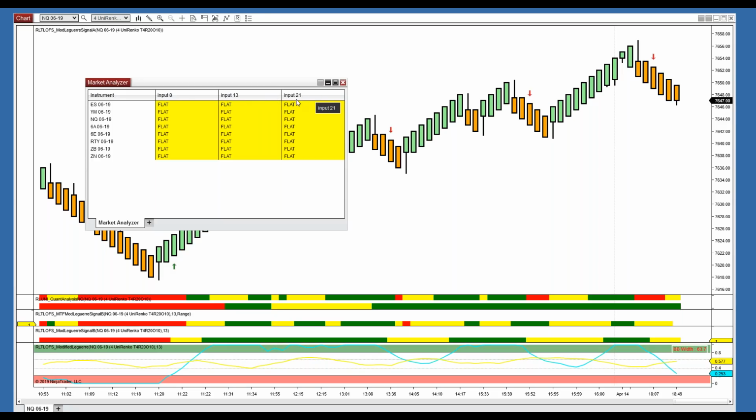If you trade range, the inputs are going to change. If you trade Unorenco, the inputs will stay the same. If you swing trade, the inputs will change. These are solely the inputs for a day trading chart that looks at Unorenco.